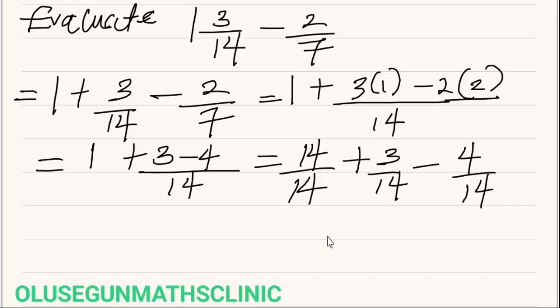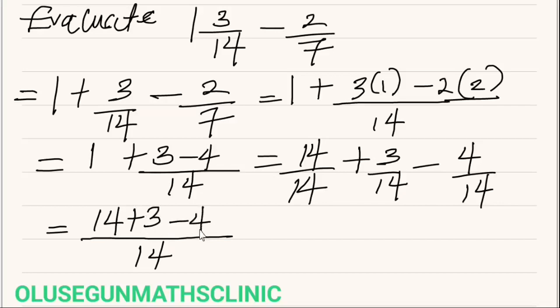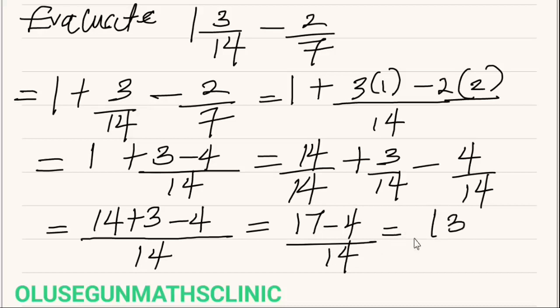So let's now have the LCM to have 14, making 14 plus 3 minus 4. So therefore, which is 17 minus 4 over 14, which is equal to 13 over 14.